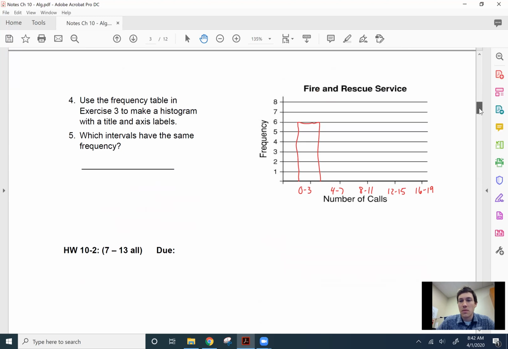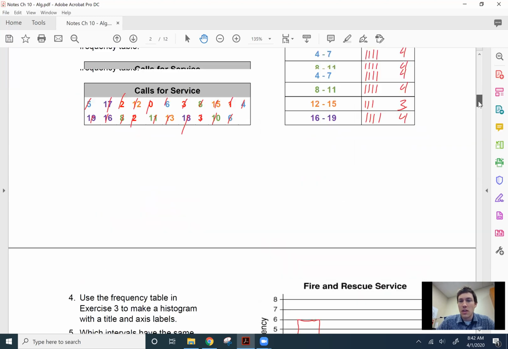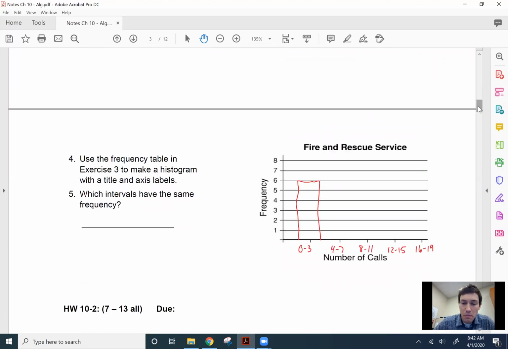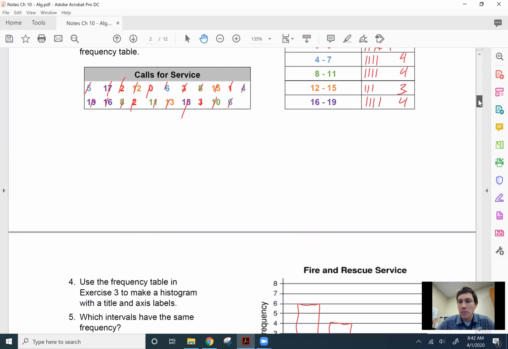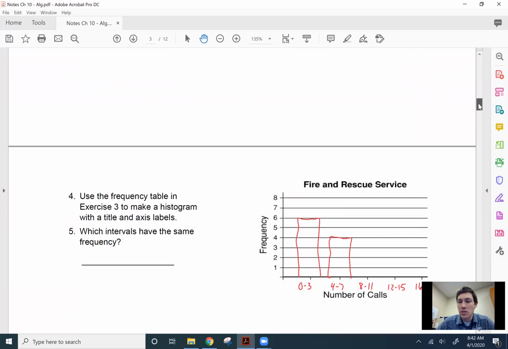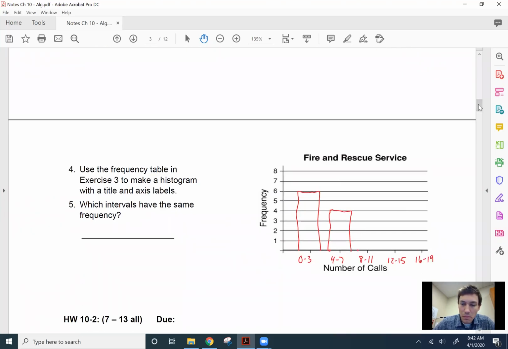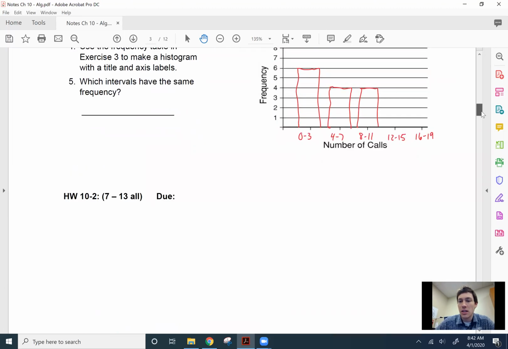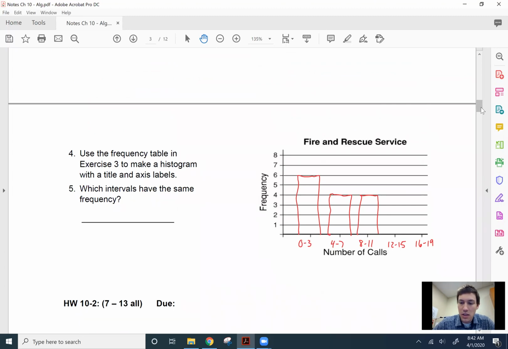From 4 to 7, there's 4. 8 to 11 was also 4. 12 to 15 was 3. 16 to 19 was also 4.